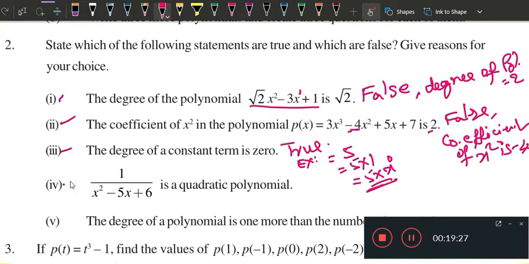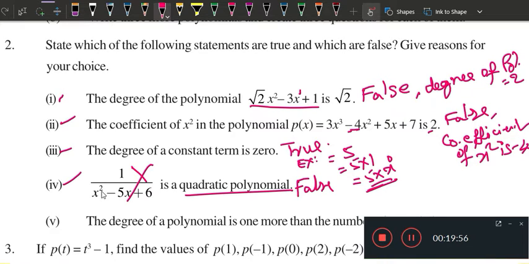Okay, children. Next, fourth question. 1 by x square minus 5x plus 6 is a quadratic polynomial. See, it is not a polynomial at all, so it won't be a quadratic polynomial. Okay, children, it is false. Why? What is the power of x here? 2.